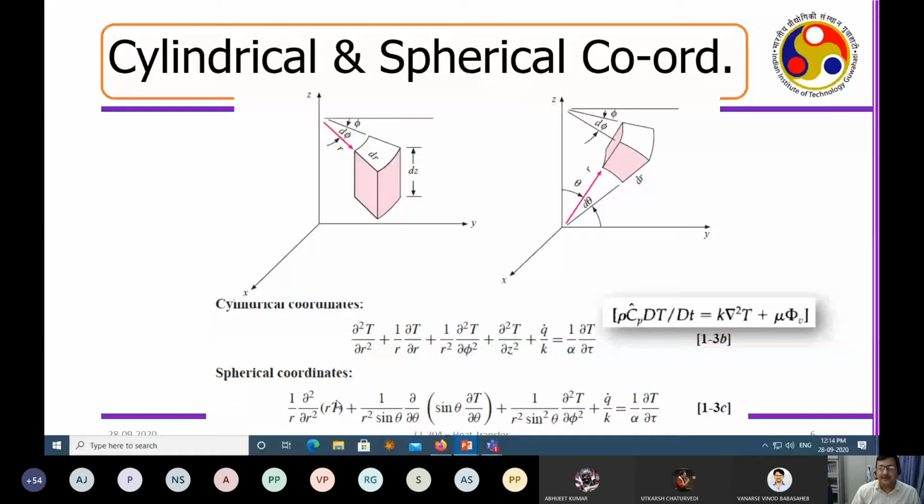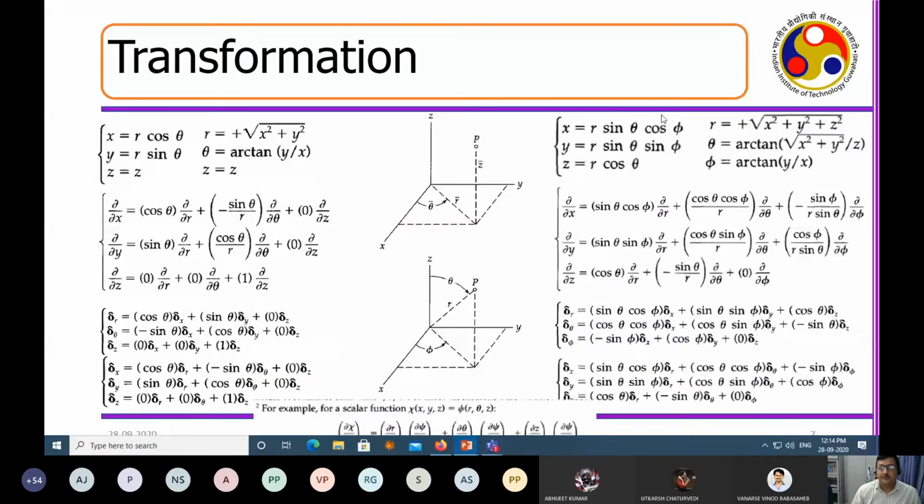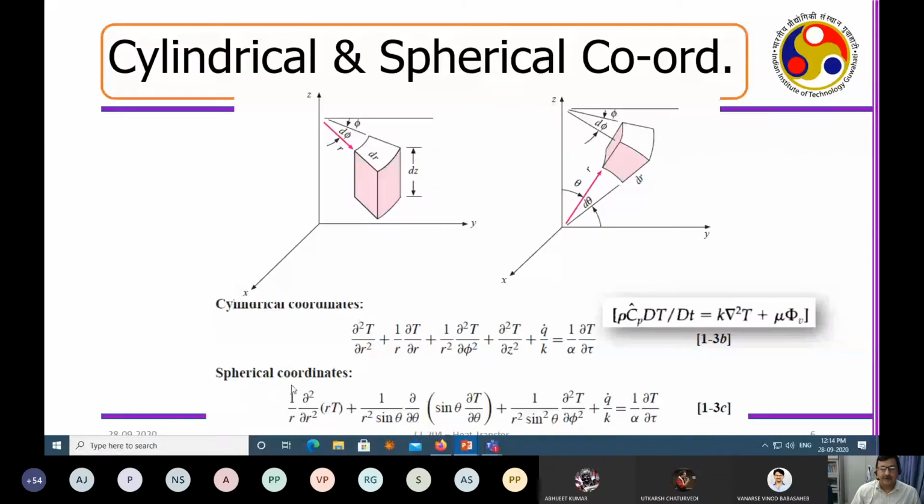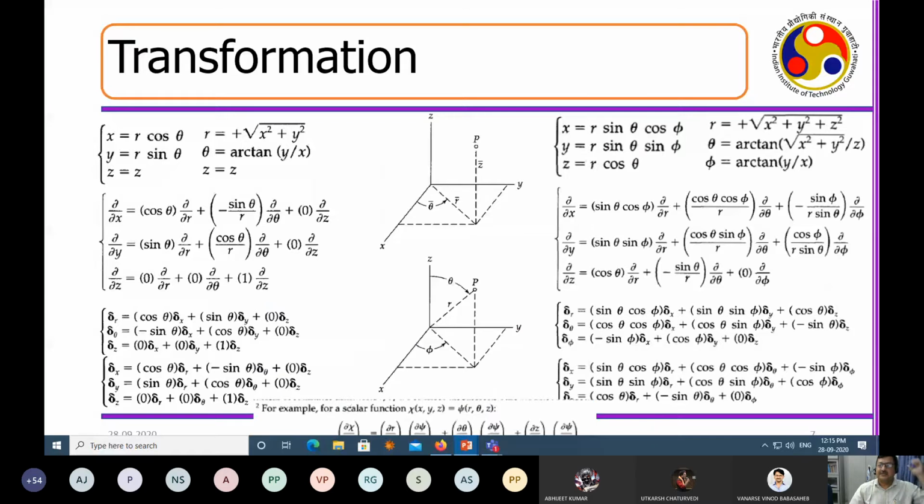For a spherical coordinate, we have to first evaluate these terms, then evaluate the derivatives, and then enforce them in this equation, collecting all of them in order to get the equations for the spherical coordinates. In general, these are not needed to be remembered. If you just remember the transformation that was discussed in the last lecture, and do it once or twice, you will be able to very easily obtain those equations using this identity.